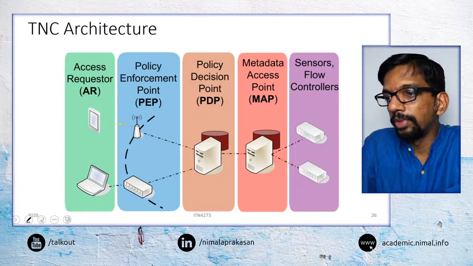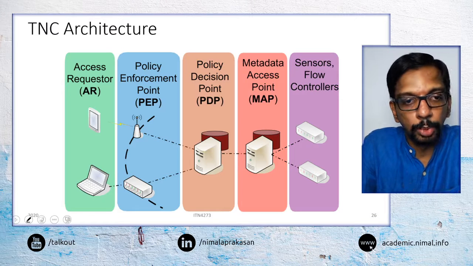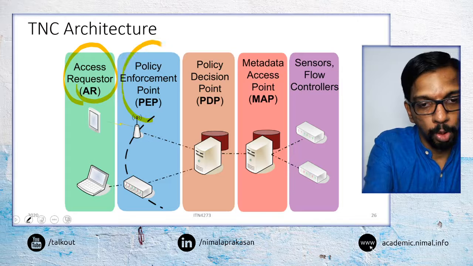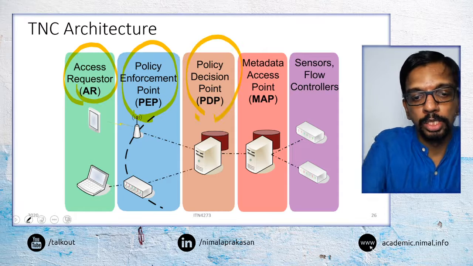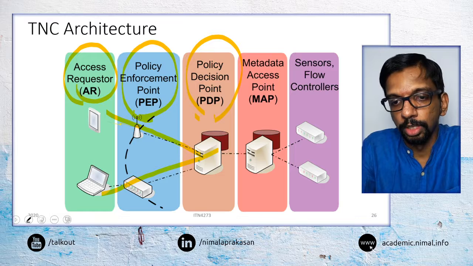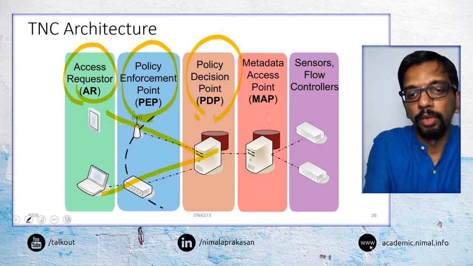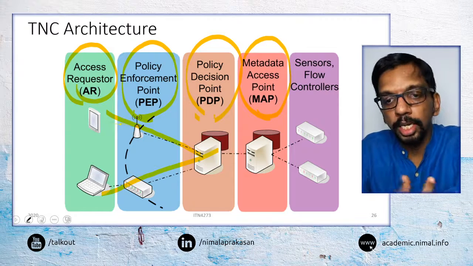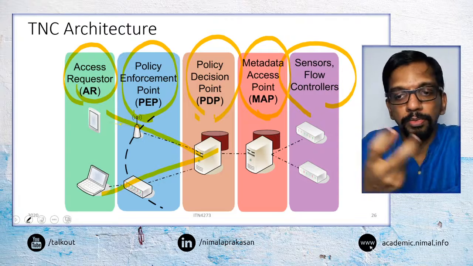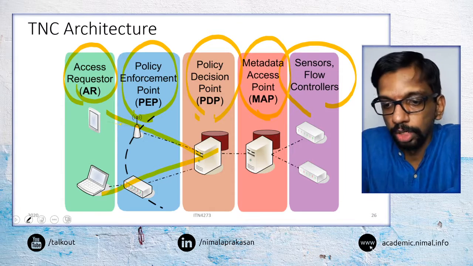On the other hand, when we think about the Trusted Network Connect architecture, here we have the access requesters, policy enforcement points, and policy decision points, similar to basic network access control. But in addition to that, we have metadata access points, or MAPs, and sensors and flow controllers.